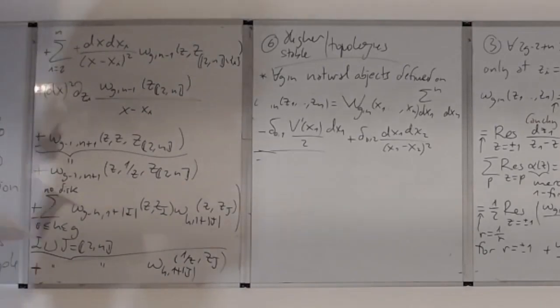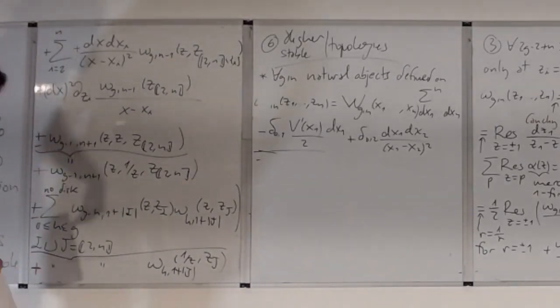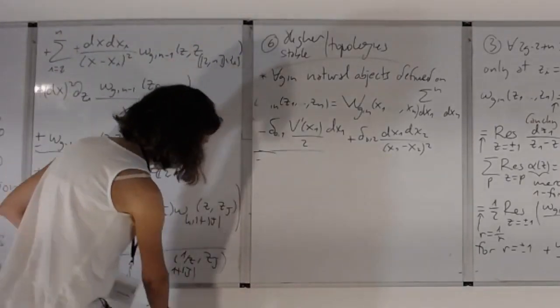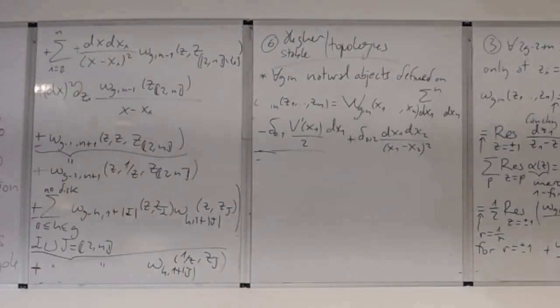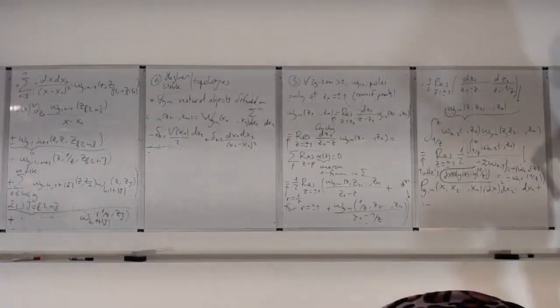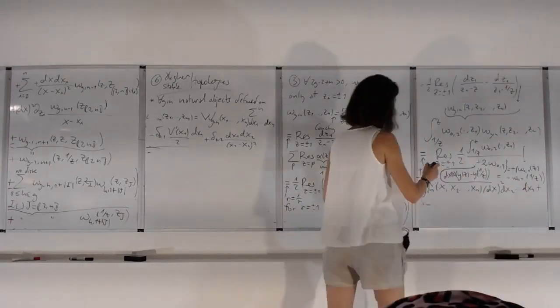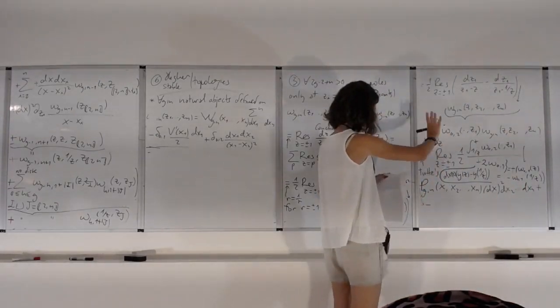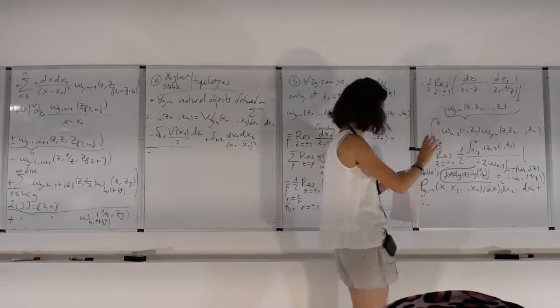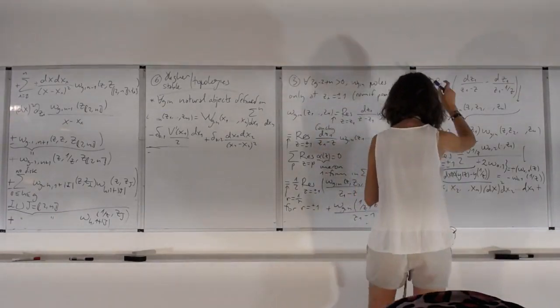So what do we have left? We just need to eliminate everything else. So let's do it. How to do this? In here, we have to check which are the zeros, because we need to compute the residue, remember.